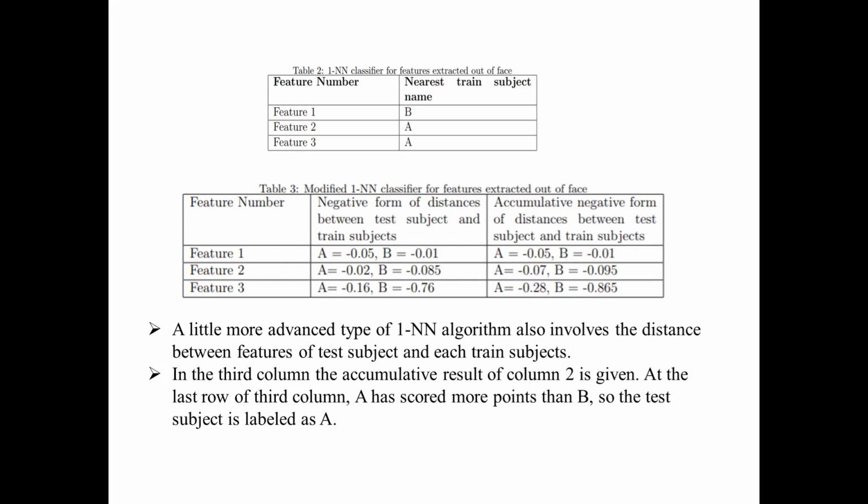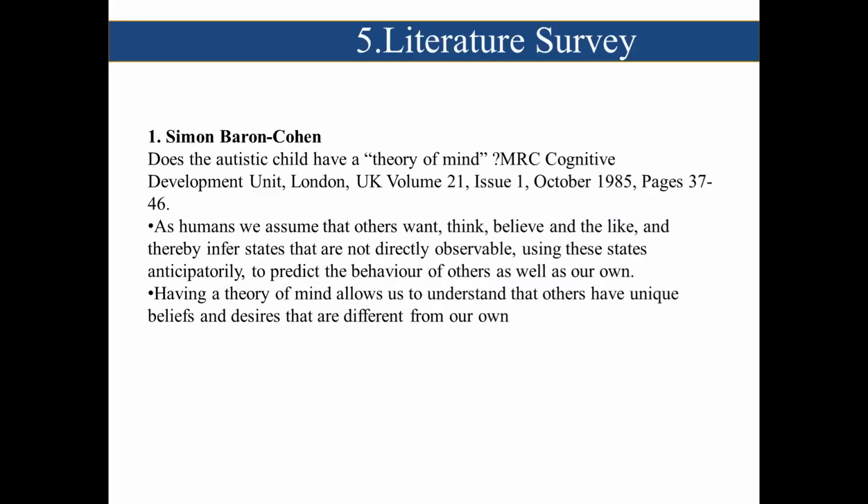It also explains the accumulative form of distances between the test subject and train subjects. We can see that from the tabular column. In the third column, the accumulated result of column 2 is given. At the last row of the third column, A has scored more points than B, so the test subject is labeled as A. Now let us look into the literature survey.